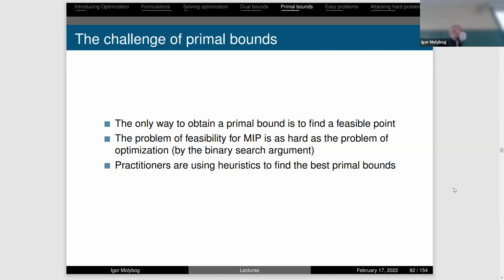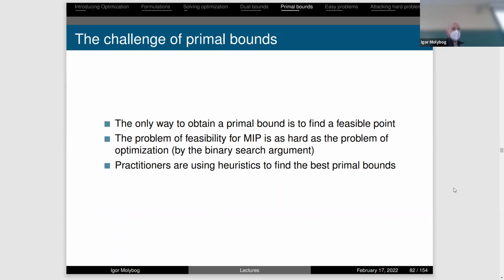It is kind of non-trivial how to construct primal bounds. For dual bounds, we had relaxations, and we had a method to basically optimize in the space of relaxations, which led us to duality theory. For primal bounds, it's not as easy to construct a primal bound, because the only way to obtain a primal bound is to find a feasible point in the set we are trying to optimize over.